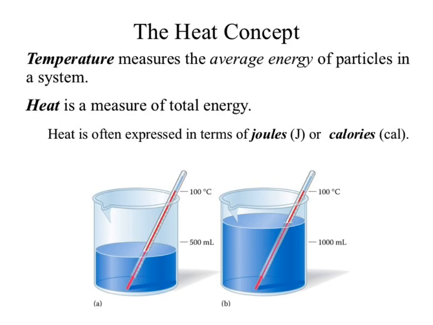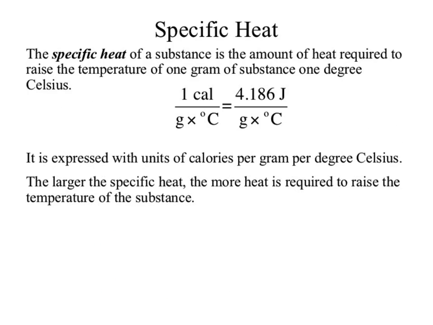So we get these two concepts for measuring the energy of a system. The big one that comes out of this is specific heat, which is a conversion factor. We can look at calories being related to the mass of the substance and the temperature change.